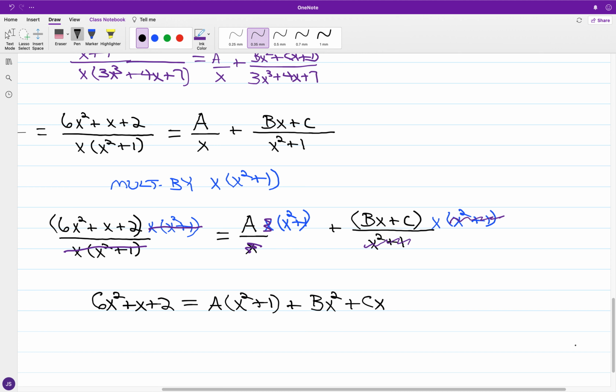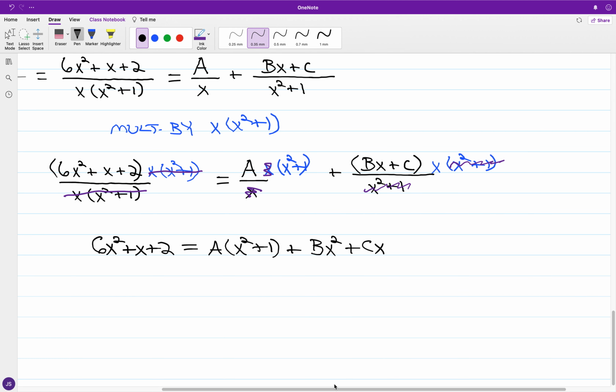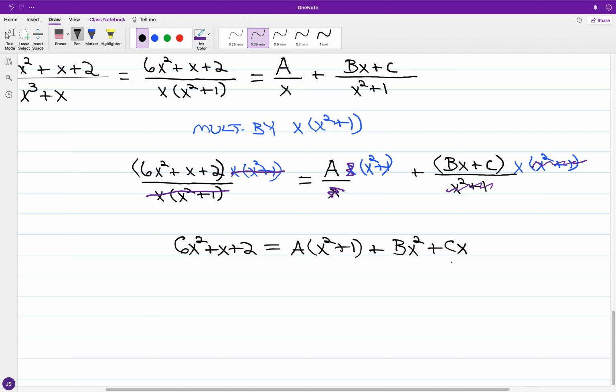Again we have 3 unknowns, and this time we have only one real 0 that we can use, and that is upon setting x to 0. So I have 6 times 0 squared plus 0 plus 2.